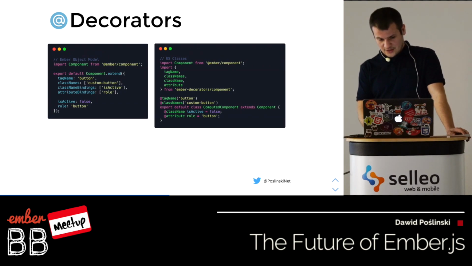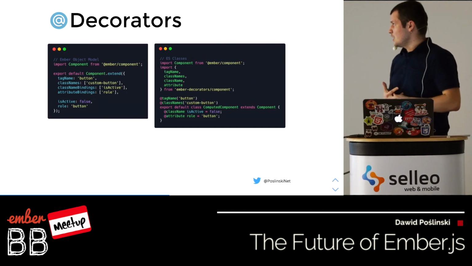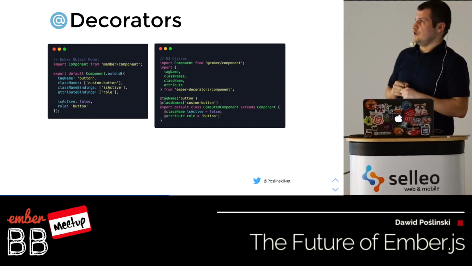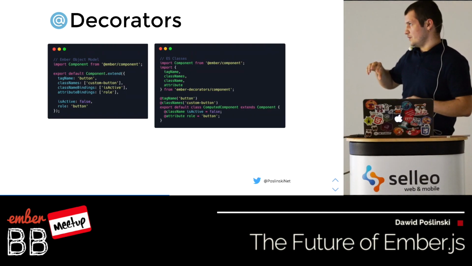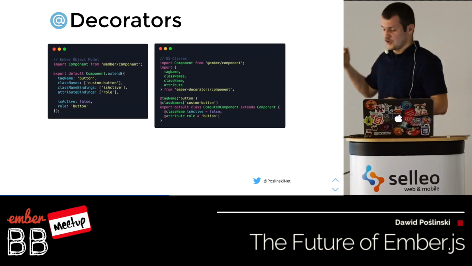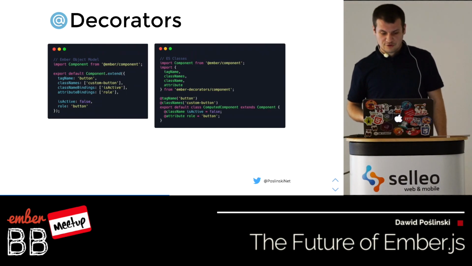So now we have dedicated decorators. For instance, we don't have to explicitly write inject and the name of the service, inject service. But we can use a decorator for that.